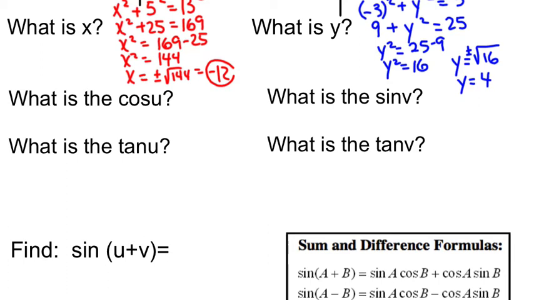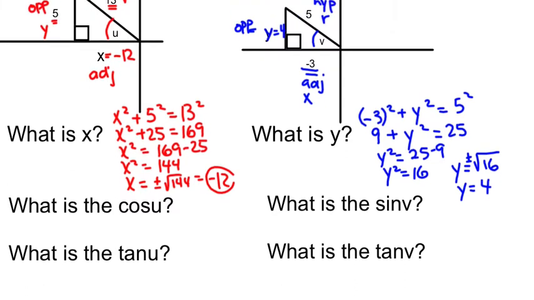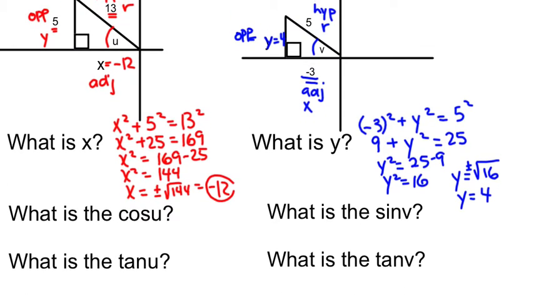All right. What is the cosine of u? So remember, cosine of the angle represents adjacent, which is your x, over your hypotenuse, adjacent over hypotenuse, or x over r.